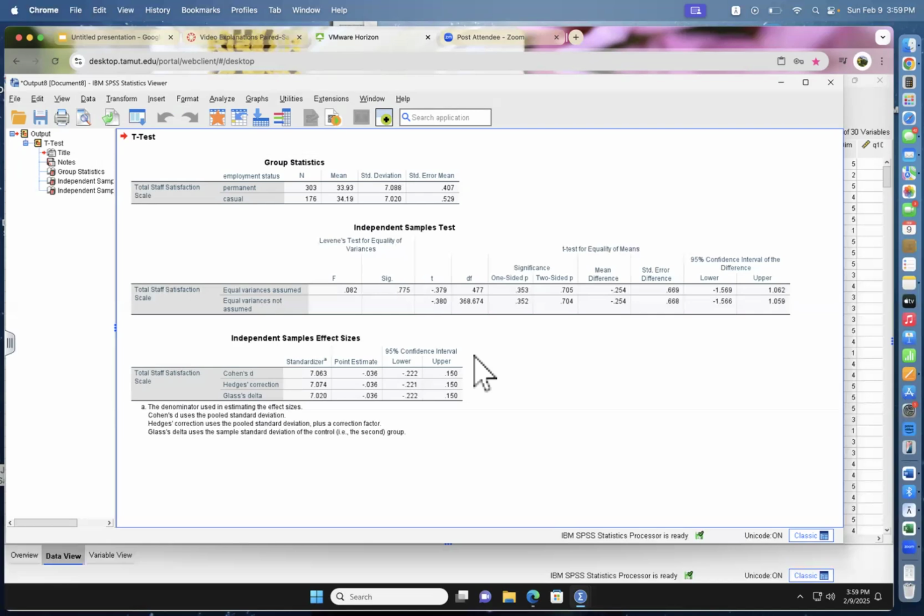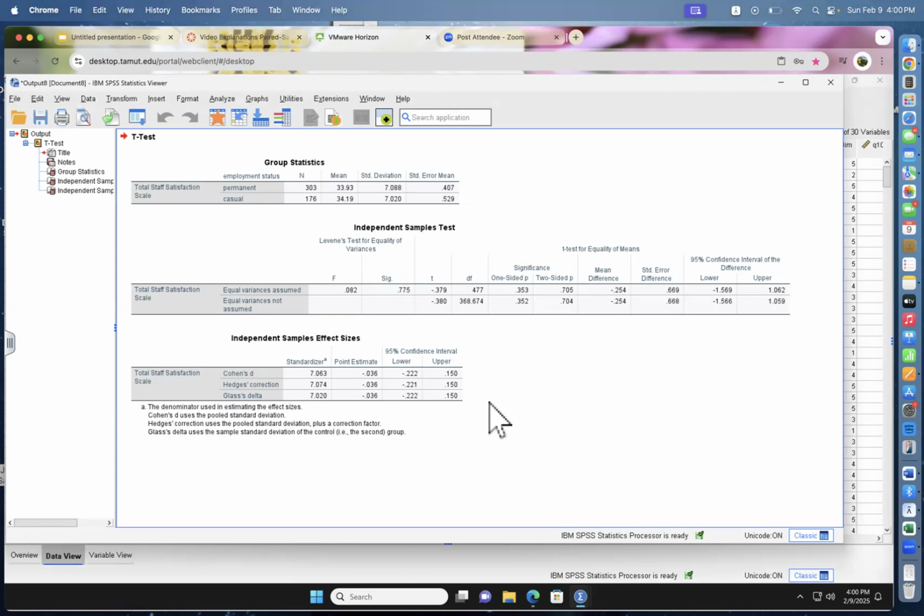So my hypothesis was there wouldn't be much difference. And so this is where my independent samples t-test was conducted to compare the mean staff satisfaction scores for permanent and casual staff. There was no significant difference in the mean scores for permanent and casual staff.